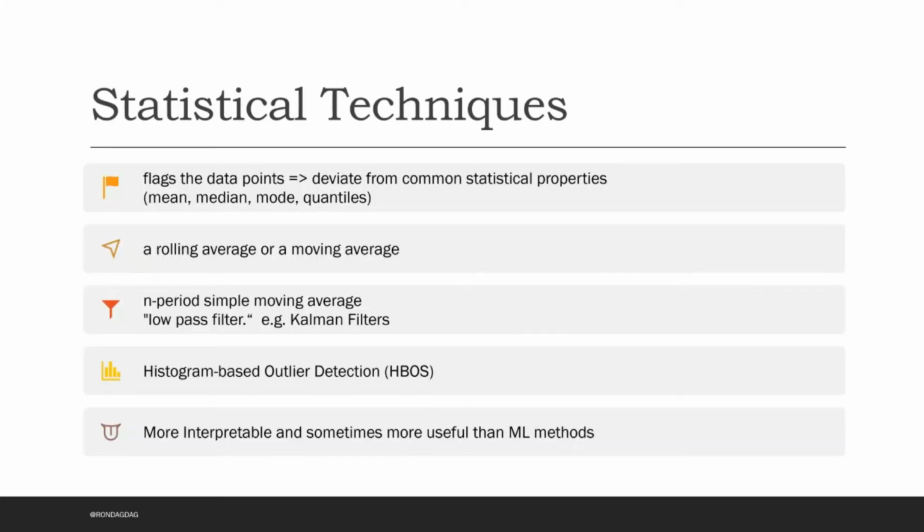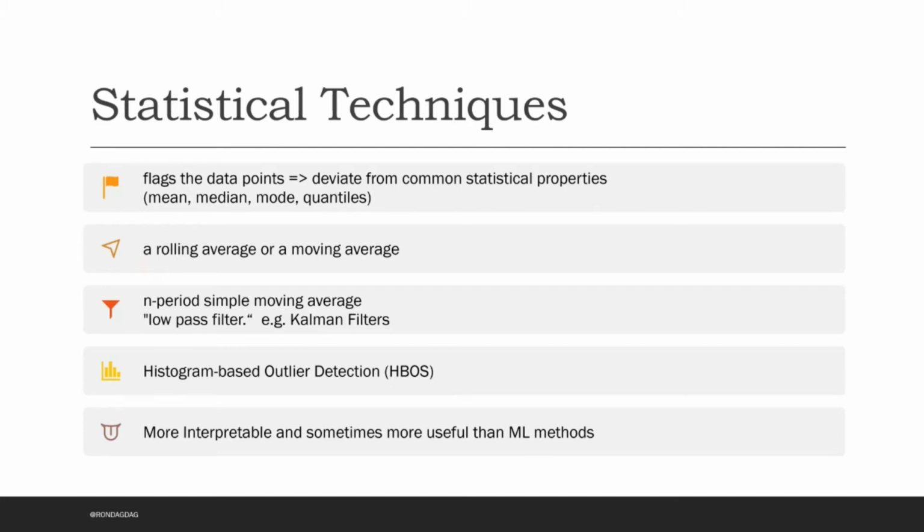Another one is through statistical techniques. You see that in the stock market where they use a lot of statistical techniques, and sometimes even with your sales data, they do the mean, median, or mode. Sometimes they'll do rolling averages or moving averages.